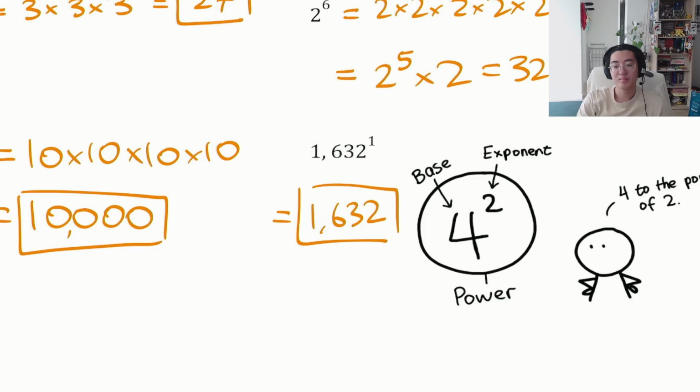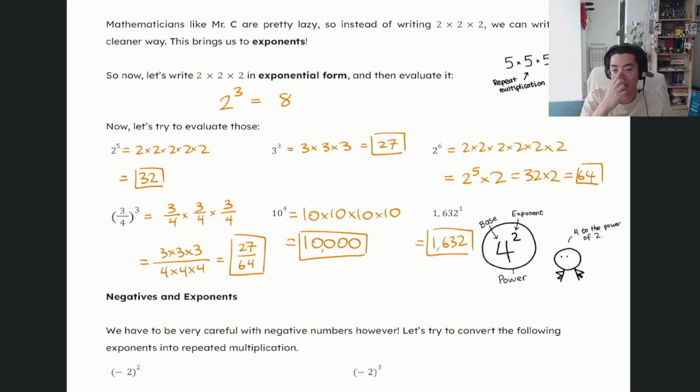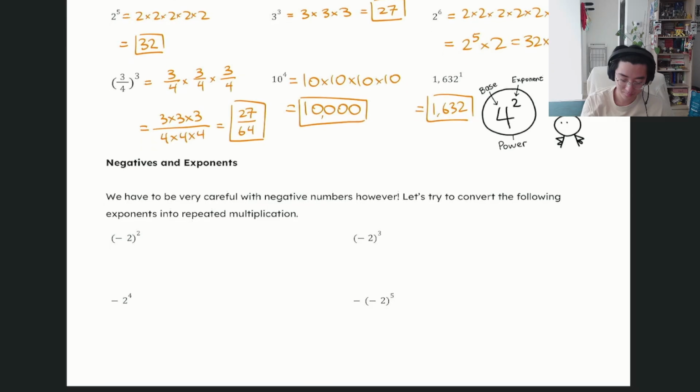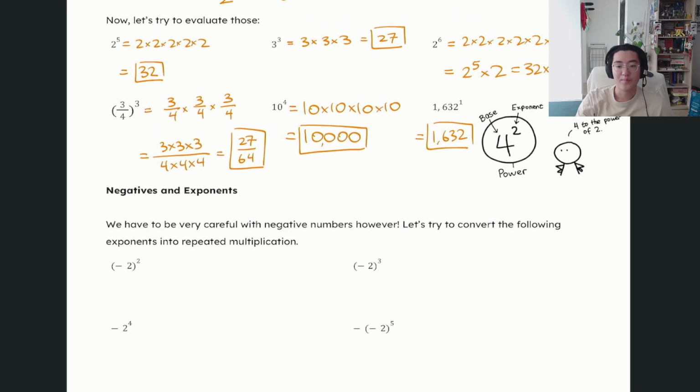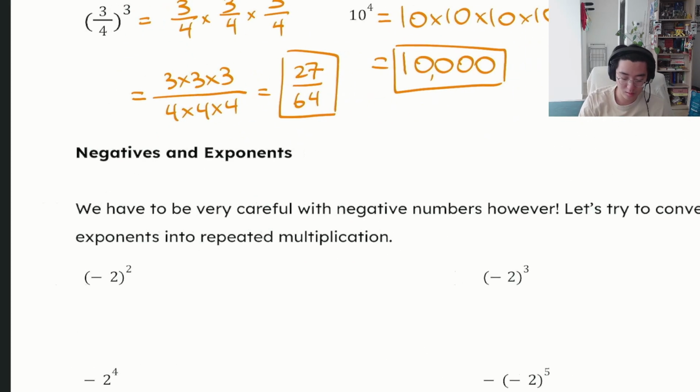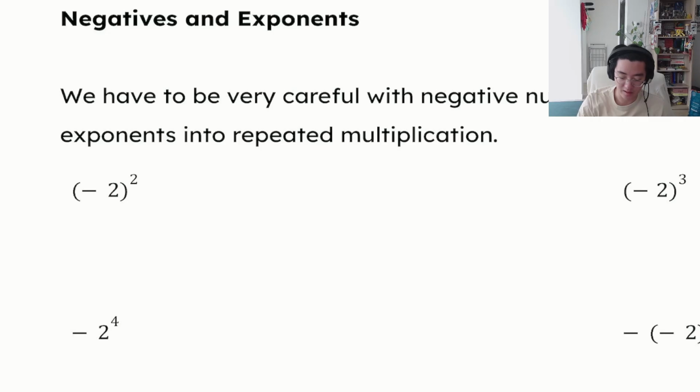So now, that's what exponents are. Of course, negative numbers make it a bit more complicated, because whenever you multiply with negative numbers, we always have to make sure to check the brackets.